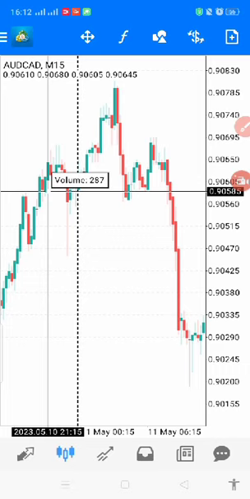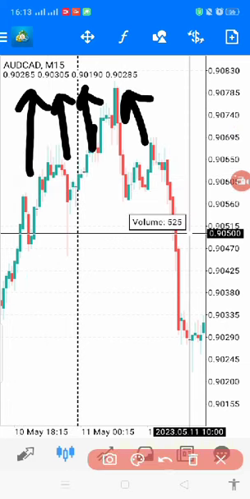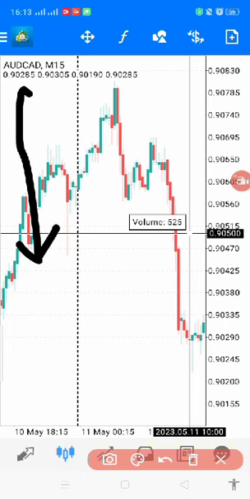Let me tell us what these four numbers stand for. This first one represents open, high, low, and close. The O stands for open.